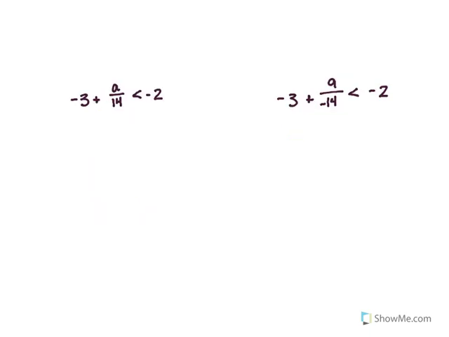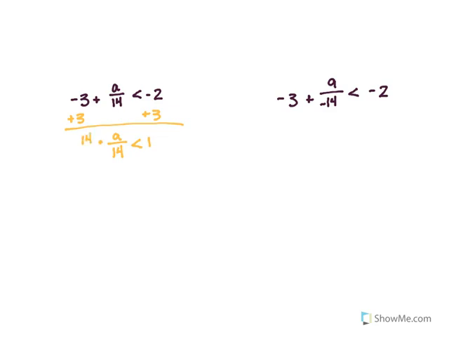Okay, so this is problem 13 on your homework. The one on the right is not on your homework. I just changed it a little bit just to show you guys the two differences. So this one we're going to add 3 to both sides first. And we get a over 14 is less than 1.